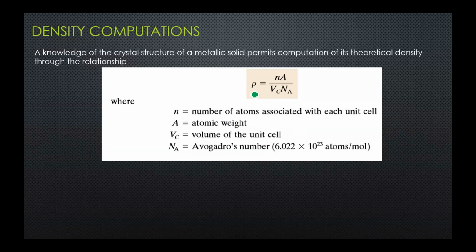The theoretical density could be found using the information about the crystal structure. That means how many atoms are there within the unit cell, the atomic weight of the material, the volume of the unit cell, and the Avogadro's number.